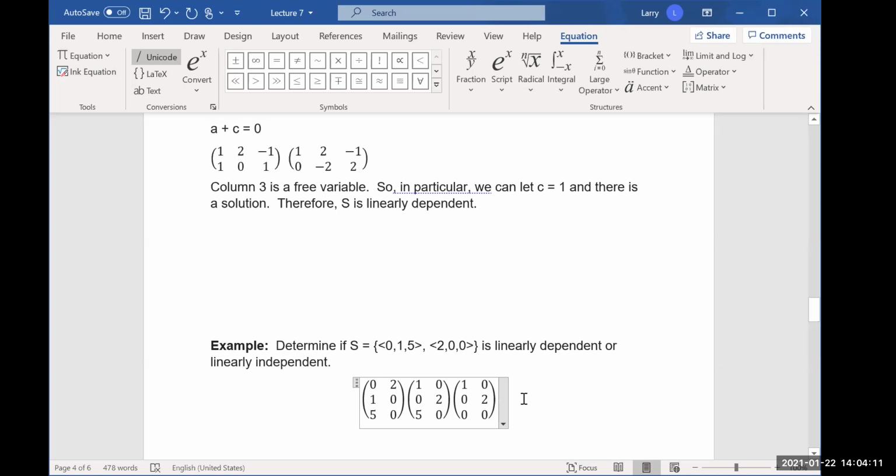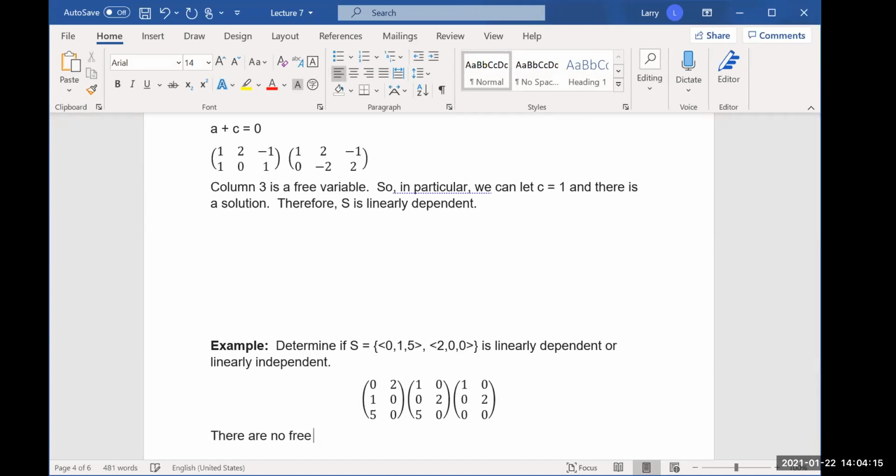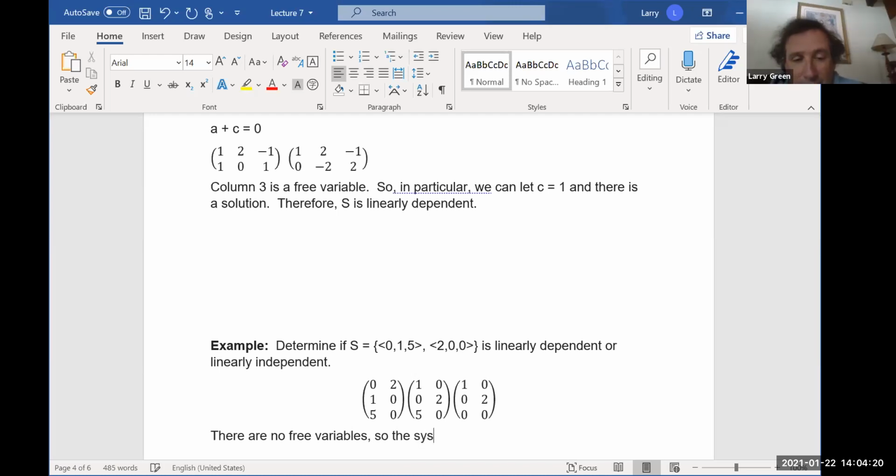So that means it's independent, not dependent. So the system has only the trivial solution. And when you only have the trivial solution, that's the definition of linearly independent. So S is linearly independent.